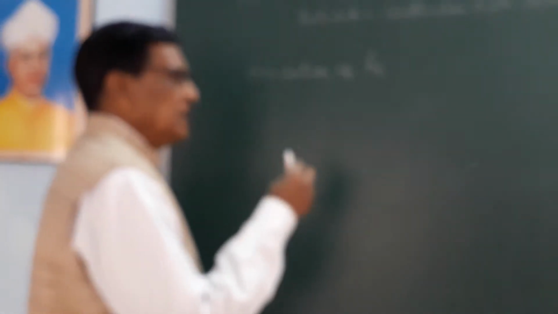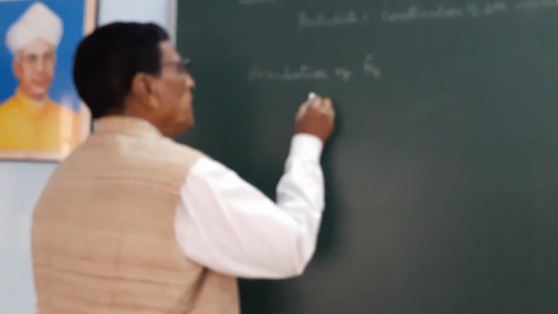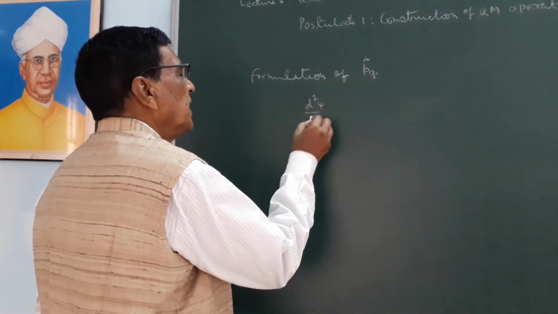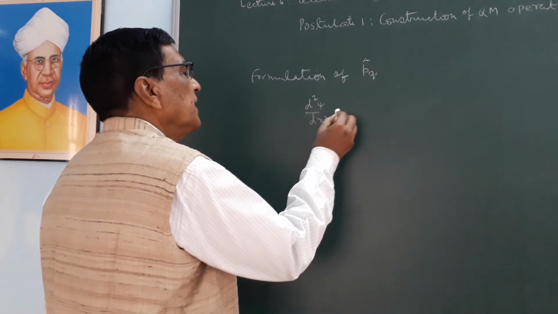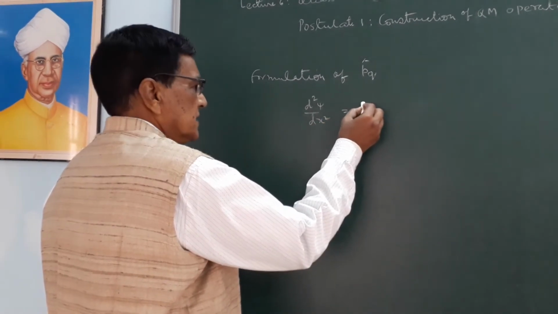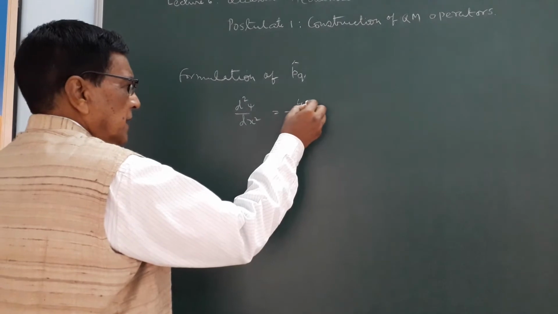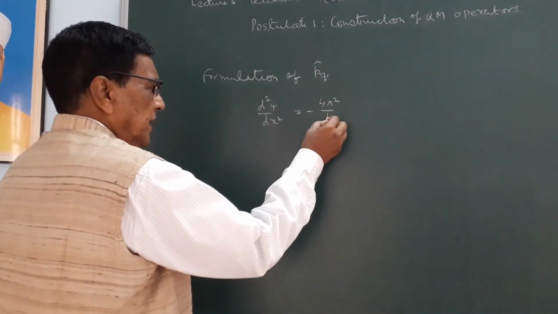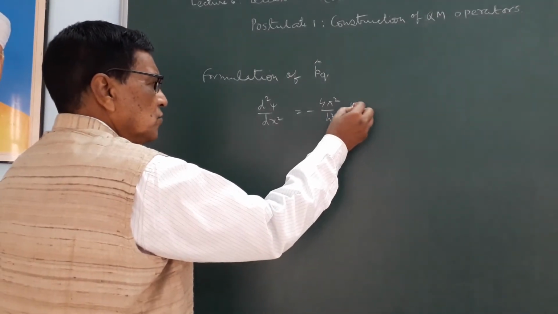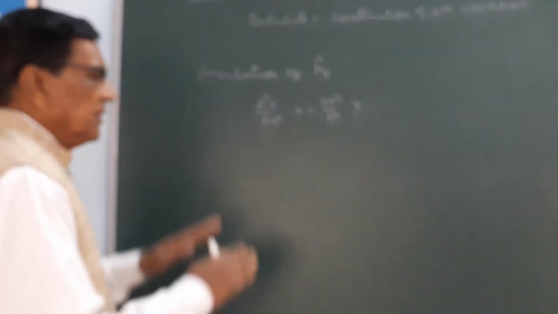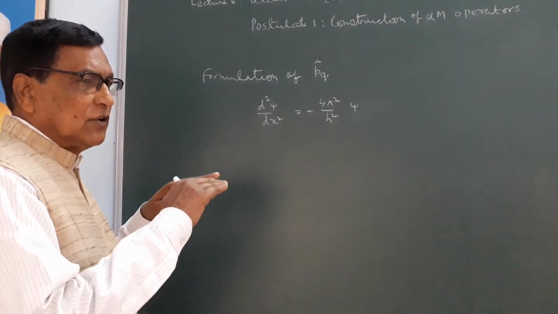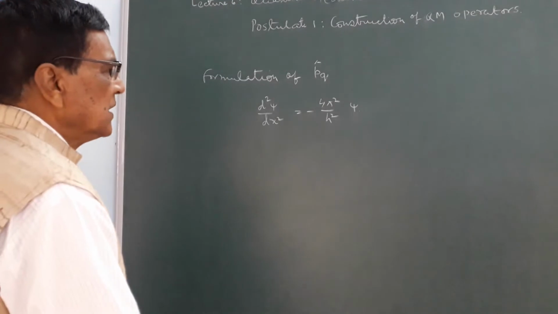The differential equation for the standing wave is d2 psi by dx square equal to minus 4 pi square by lambda square into psi, whenever this wave is moving along this x direction.